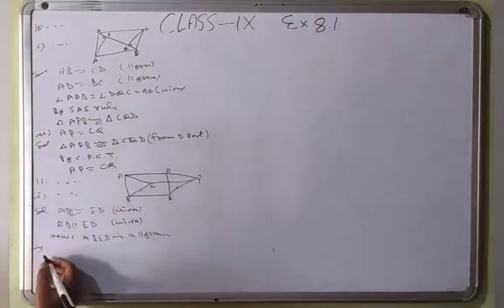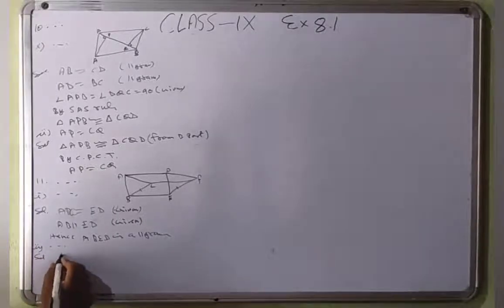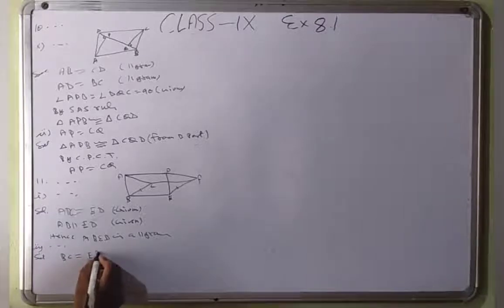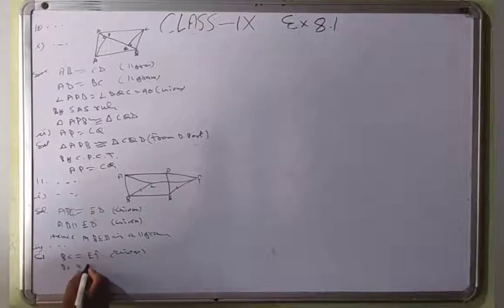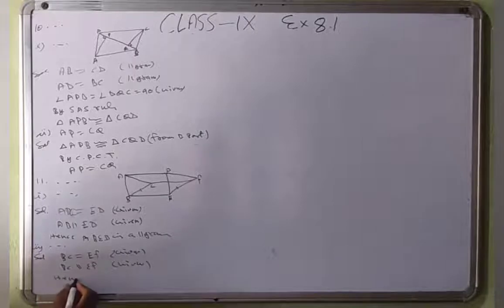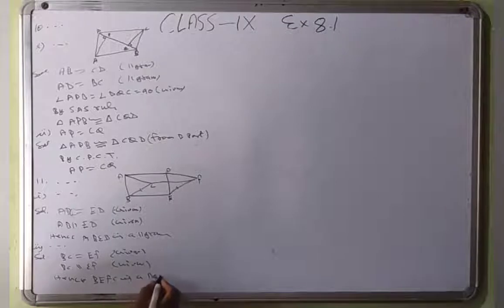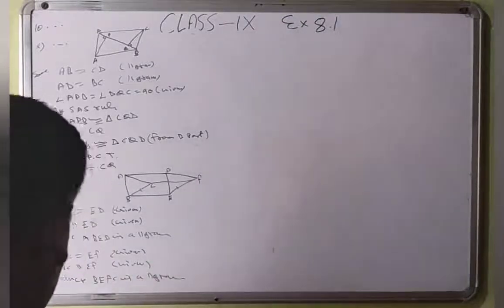You will do it similarly as the first part. Solution: BC is equal to EF, that's given in the question. BC is parallel to EF also, that's given in the question. So hence BEFC is a parallelogram.